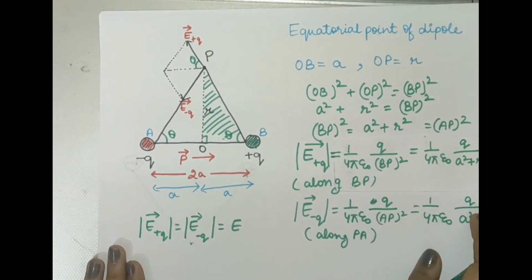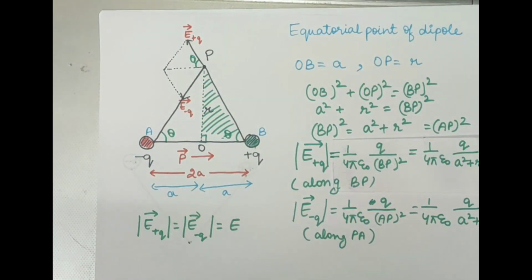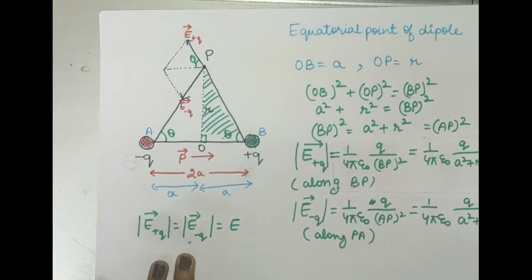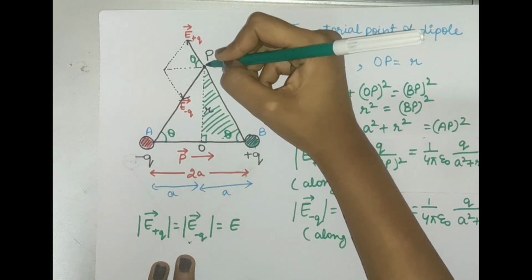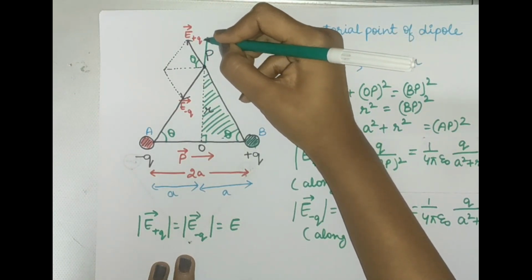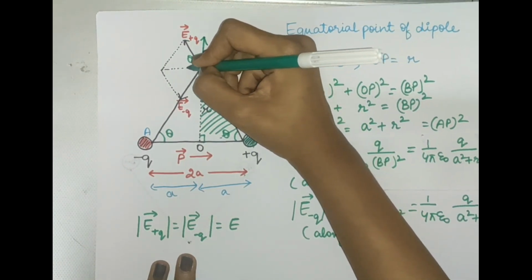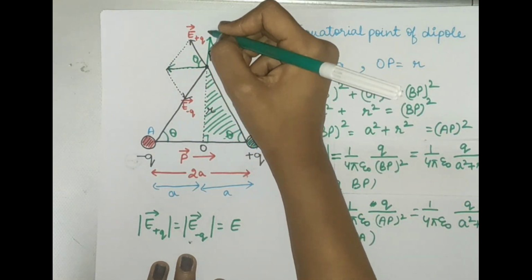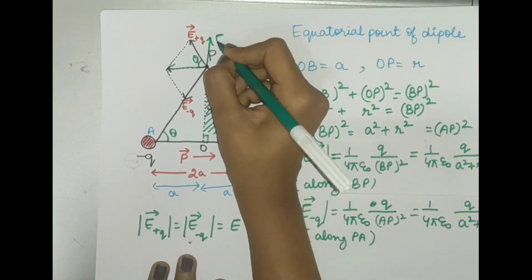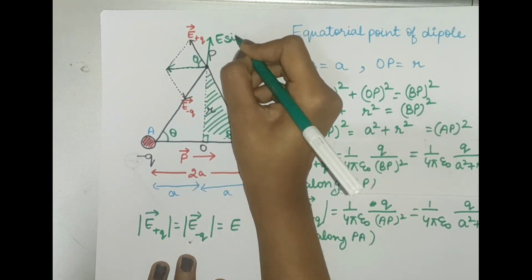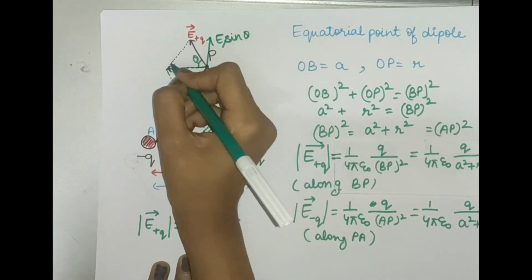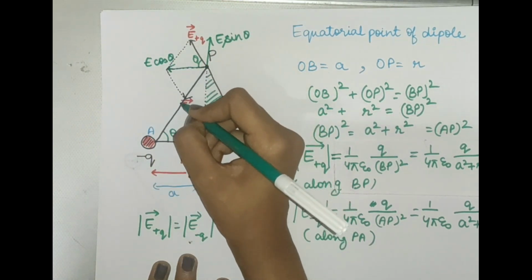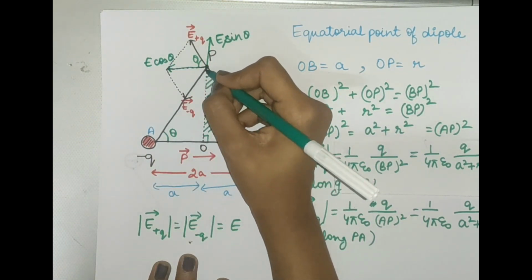So now let us resolve our electric field into two components. One is a perpendicular component, the other one is along the base. So my perpendicular component would be E sine theta, and along the base it would be E cos theta. Similarly, I am resolving this E minus q also.